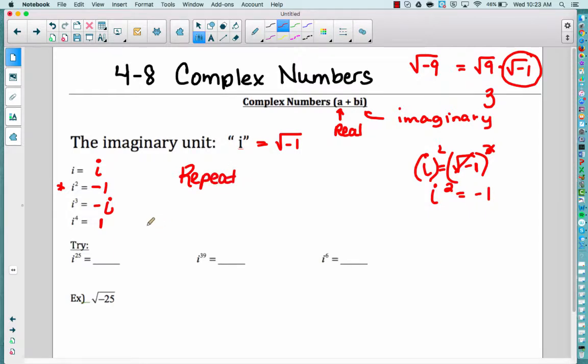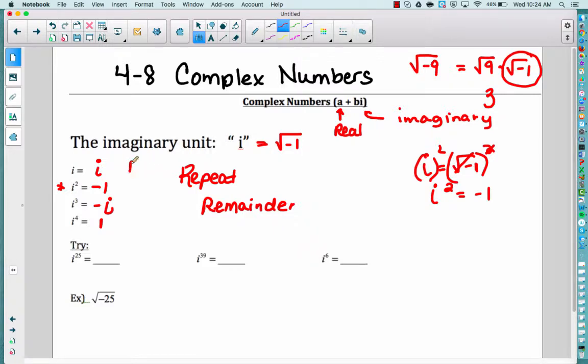All right, well, how can we deal with then I's if I ask you for what's I to the 25th? We can use the concept of remainders, okay? If something goes into itself evenly, it would have no remainder. And so since it repeats every 4, that means we can divide the number by 4 and see what the remainder leaves us, okay?